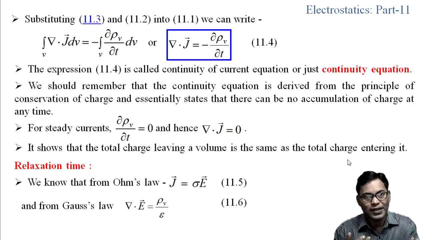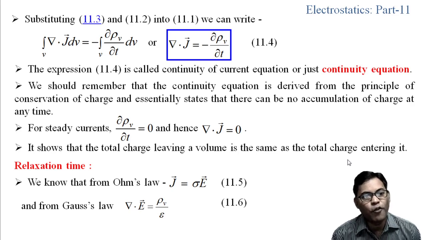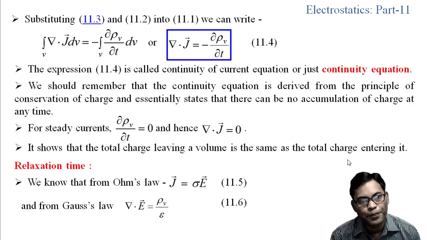If that happens, then del dot J will be equal to 0, which is the case for steady currents. That means for current flowing steadily, the total incoming current to the volume will be equal to the total outgoing current.